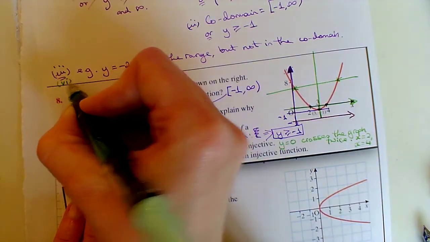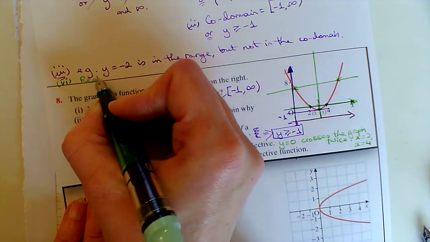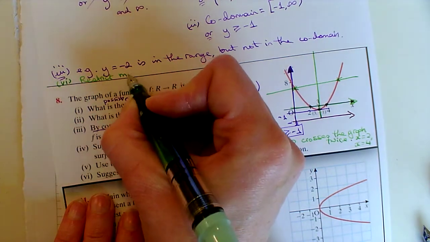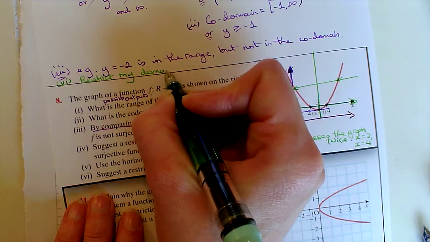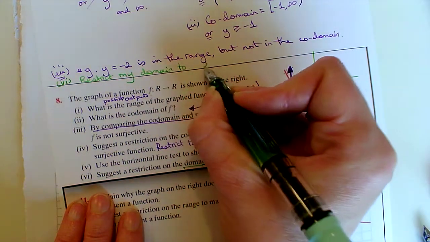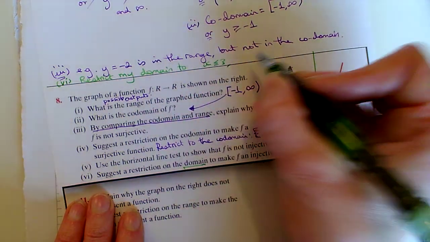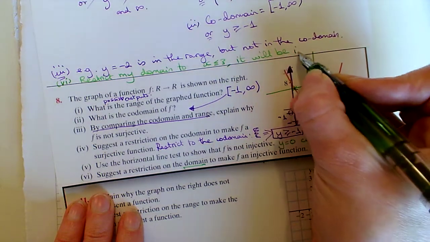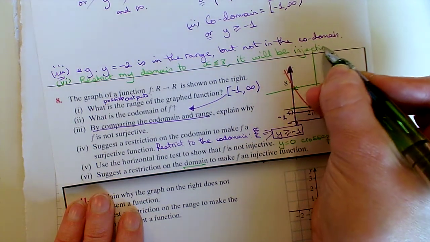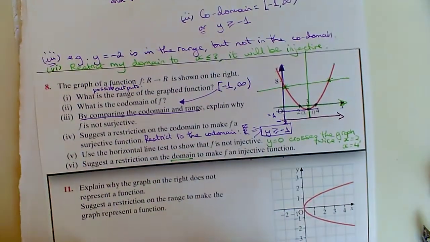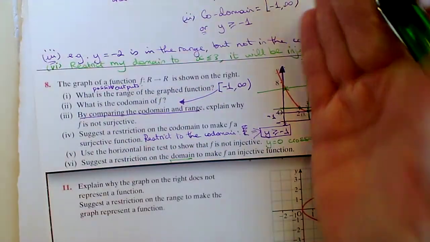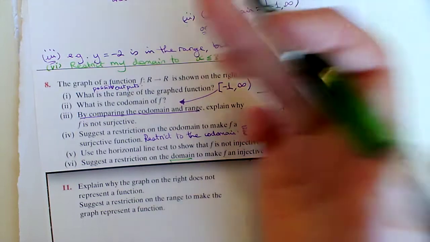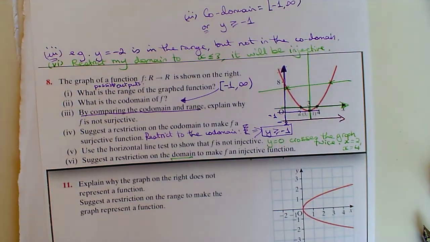So for part 6, if I restrict my domain to x values that are less than or equal to 3, it will be injective. Basically halving my quadratic graph so that any horizontal line will never cross it a second time.